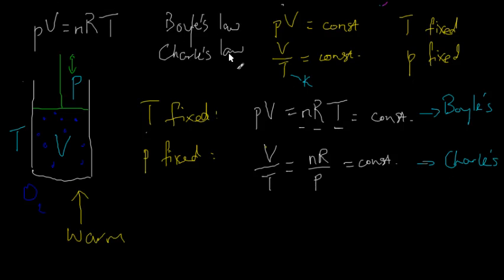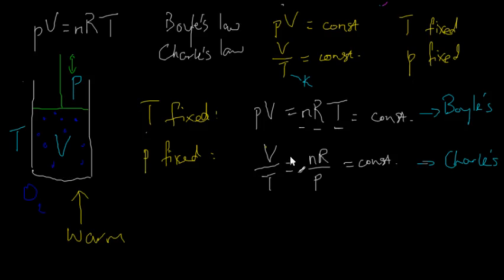Now, but the ideal gas law contains some more information. It contains this n here. I'll talk about that later. And the R here. So if you look at this n and the R, it basically provides a complete equation that describes any gas.